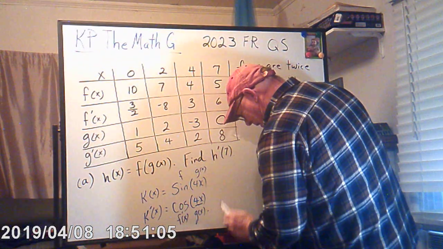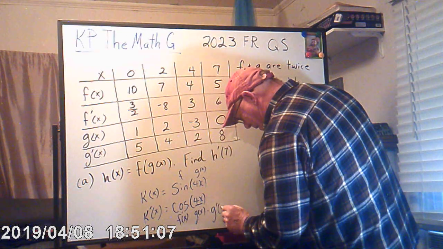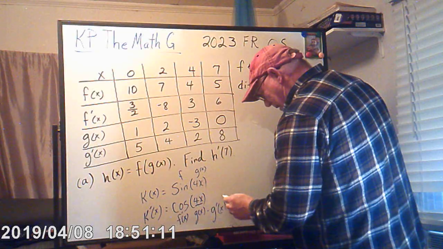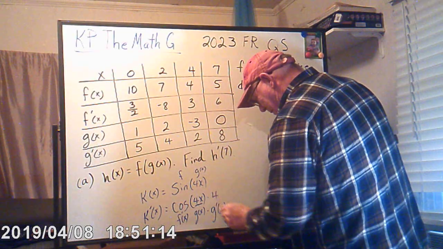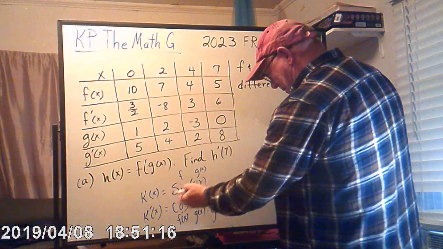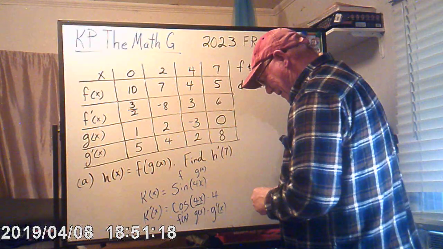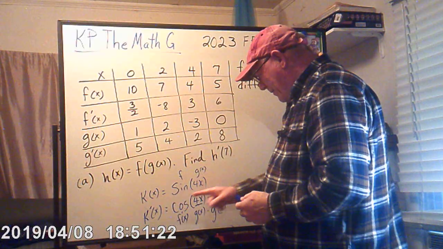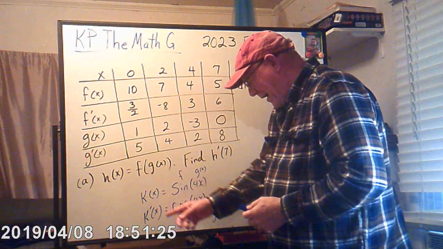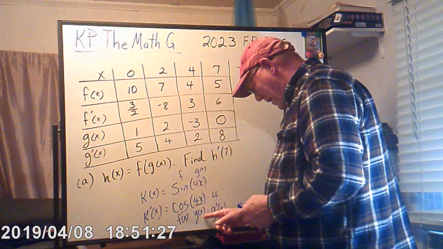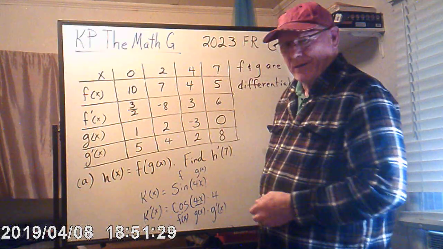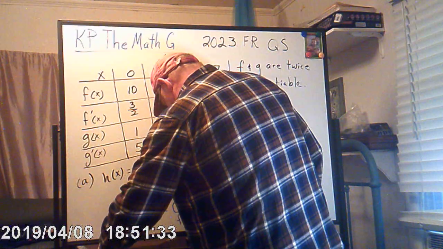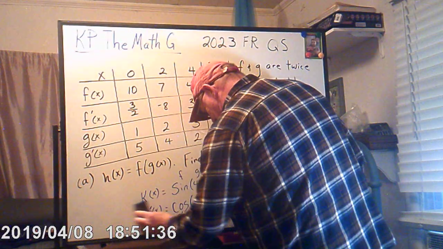Let's just say g prime at x. So what this actually is, it is times 4. So 4 cosine 4x. So that's what that's like right there. And so if you have k at, say, pi, then you just simply put pi in there and see what you get there.